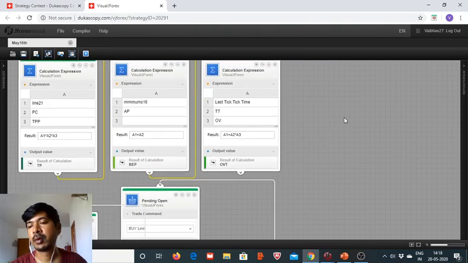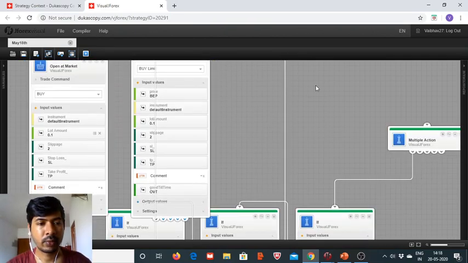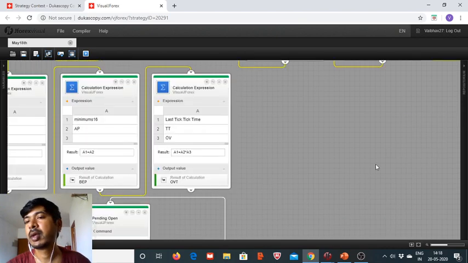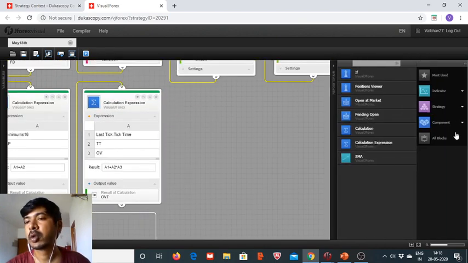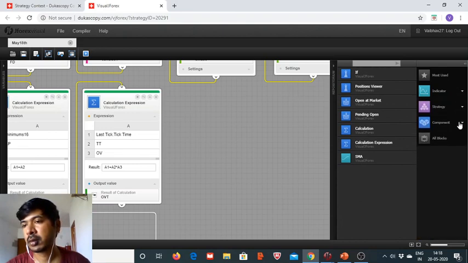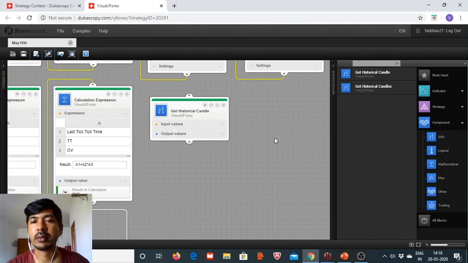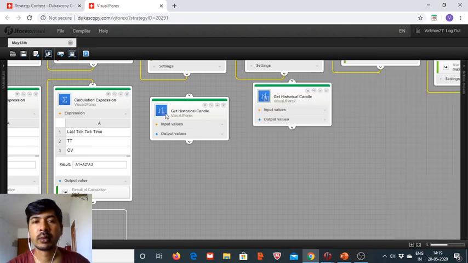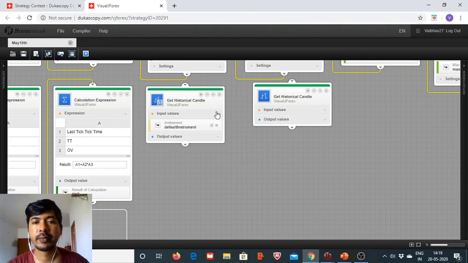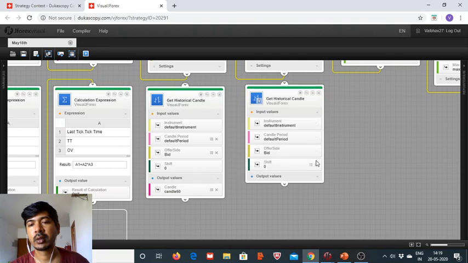And now, as I see, time is also running out, so we will need to be a bit quick here. We bring two historical candles, mathematical components, and we take info, get historical candles.